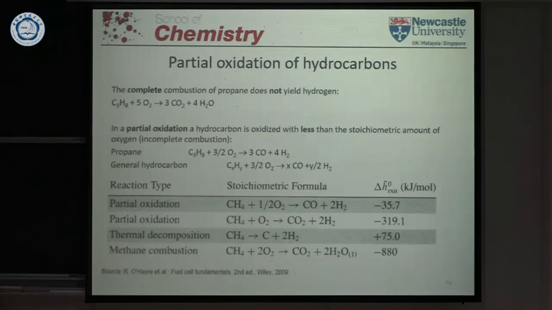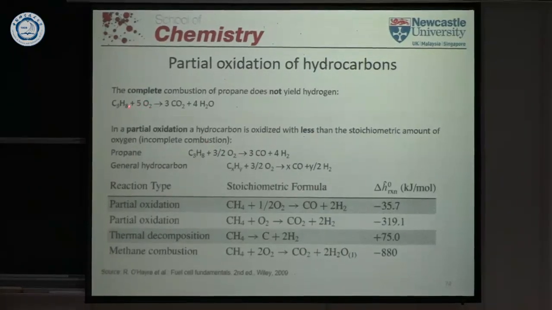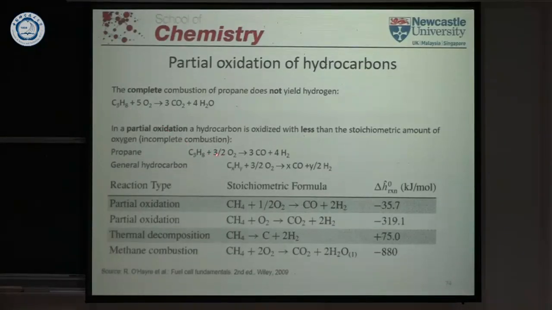But I can go to a partial oxidation, which means that I put less than a stoichiometric amount of oxygen there. For instance, here, when you look at propane, and I take instead of 5 molecules of oxygen only 1.5 molecules per molecule of propane, then I would get CO plus hydrogen.